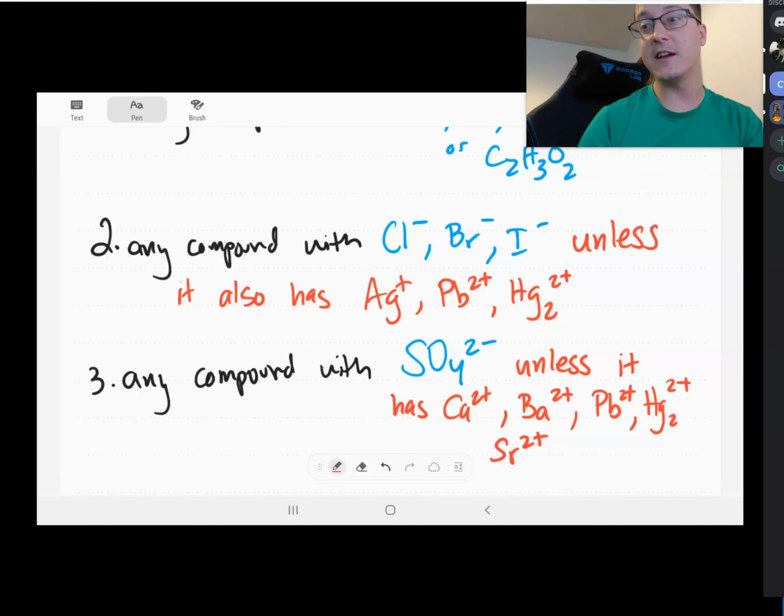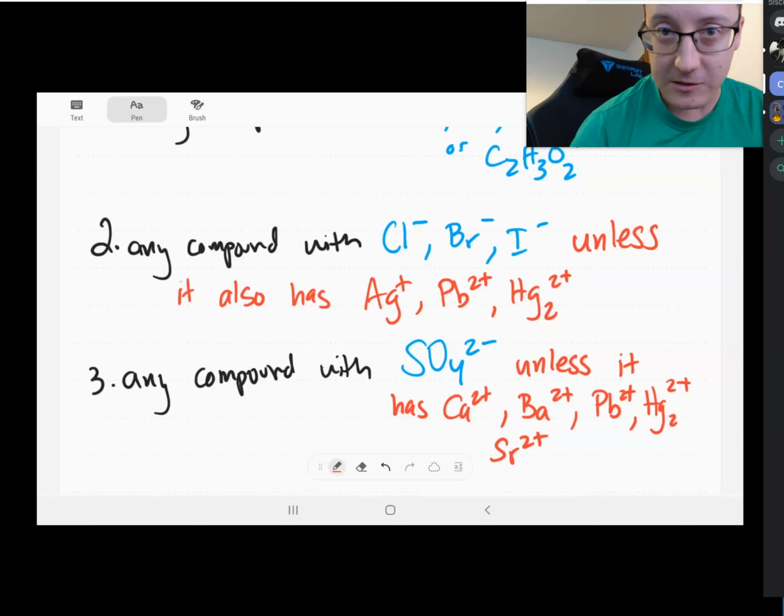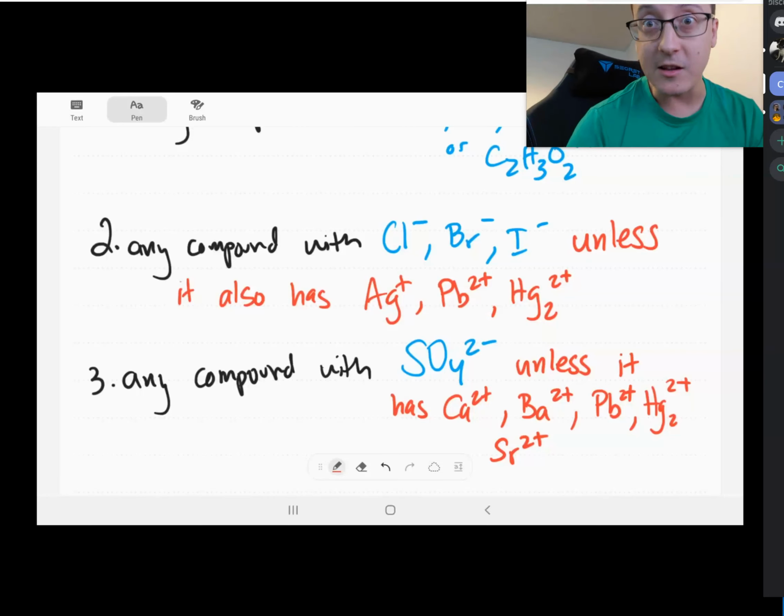So calcium sulfate, insoluble. Barium sulfate, insoluble. Lead sulfate, insoluble. Okay, but let's see. Aluminum sulfate would be soluble. So anything that's a sulfate that's not one of these things in red will be soluble.